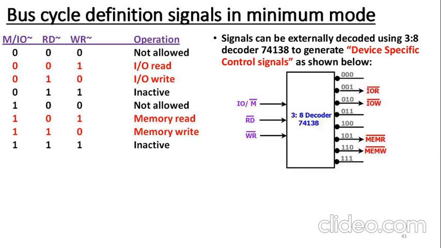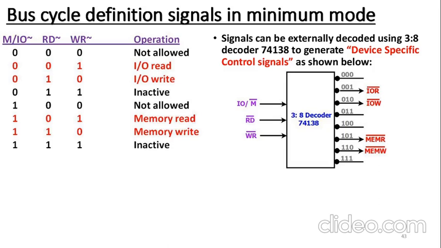This setup is like this: 3 to 8 decoder where the inputs are connected in the same sequence IO/M bar, then read bar, write bar. Sorry here. This IO/M bar should be M/IO bar. Okay, make that necessary correction here. Instead of IO/M bar, here it is M/IO bar.